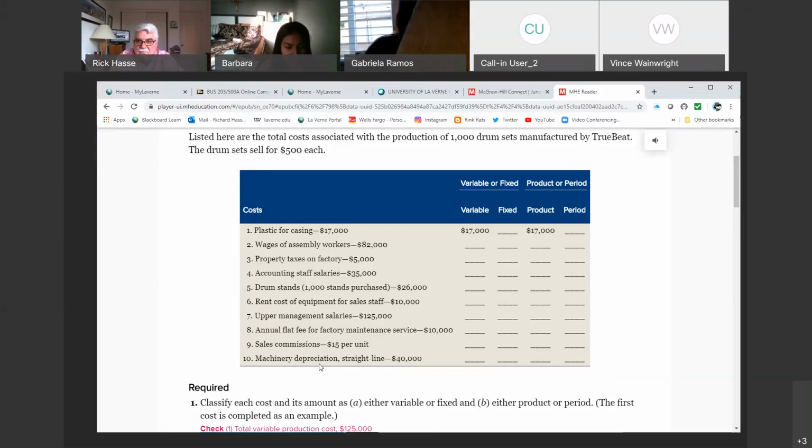Hello? Machinery depreciation, Barbara, variable or fixed cost? Tori, how about you doing this? Tori, machinery depreciation, $40,000, variable or fixed?